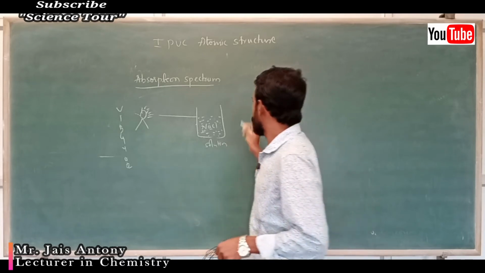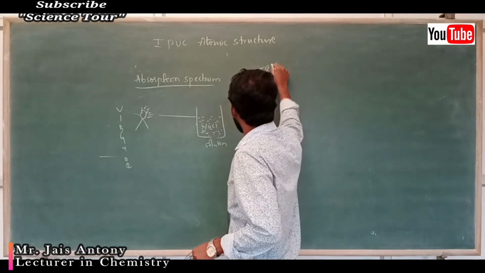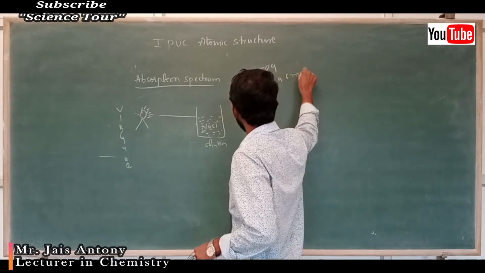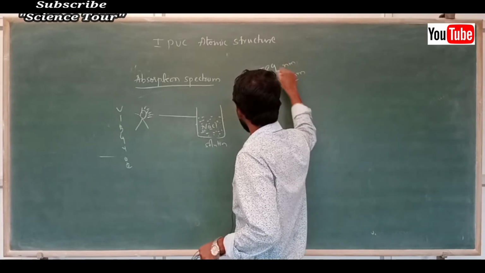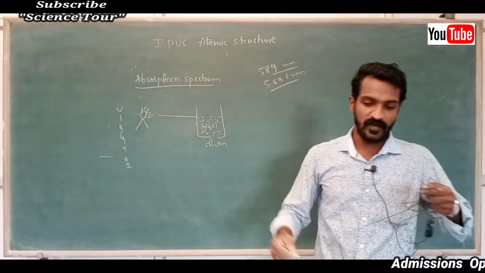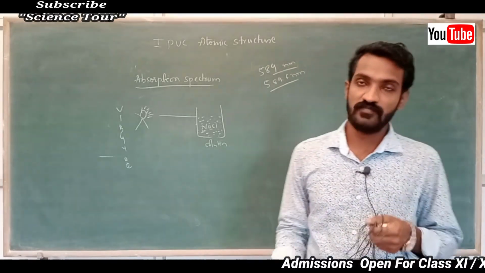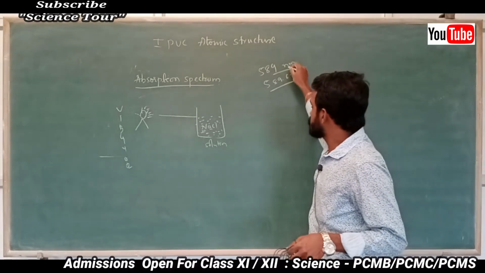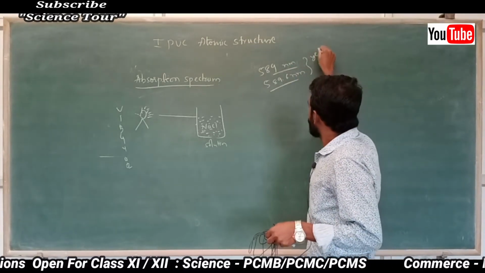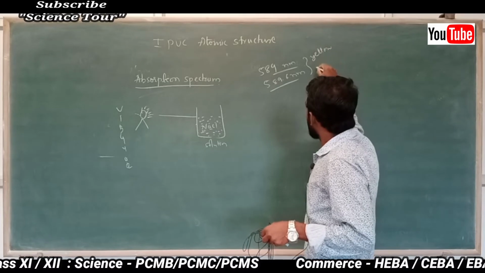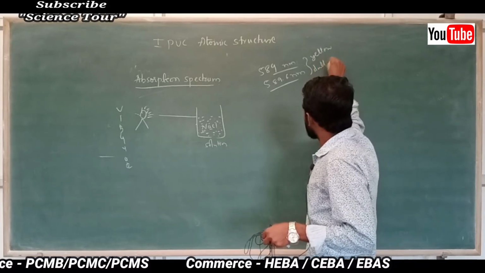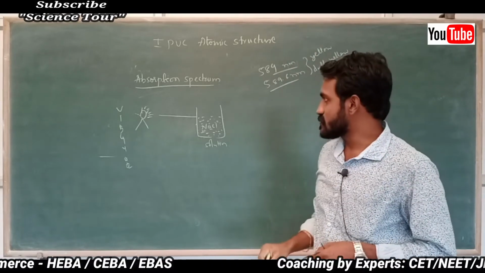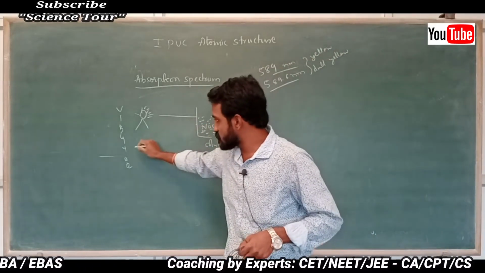One is 589 and the other is 589.6 nanometer. These 2 wavelengths are meant for yellow and dull yellow color. Understood? 2 wavelengths.